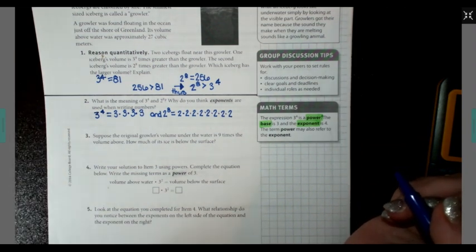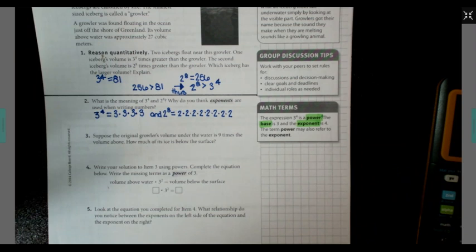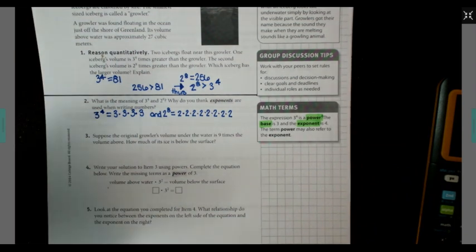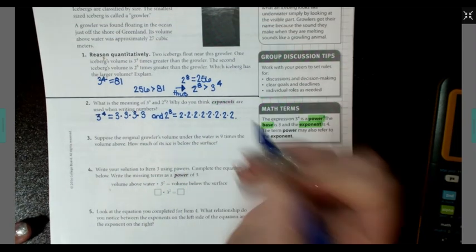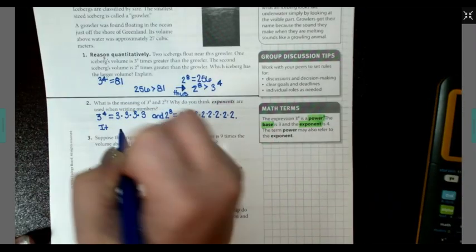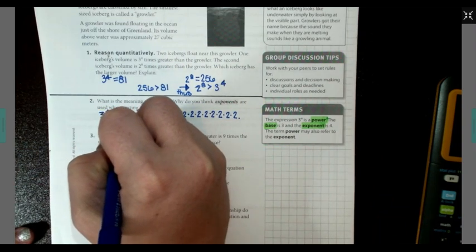Now, why do we think that it would be better to use an exponent than to write this? There are a couple of reasons we could say here. It's easier.